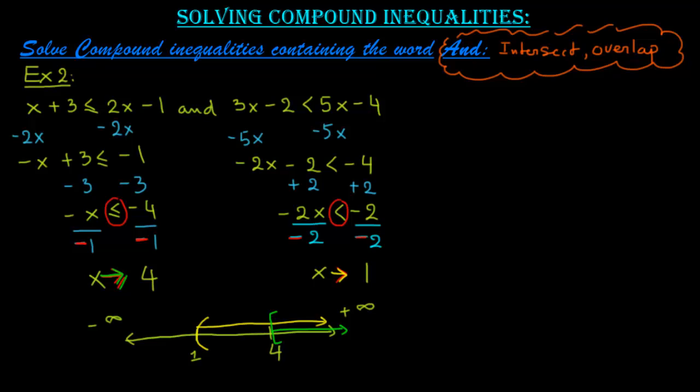With the AND, we're looking for where they overlap. As you see on the graph, they overlap at 4 and go all the way to positive infinity. So my answer would be bracket 4 to positive infinity.